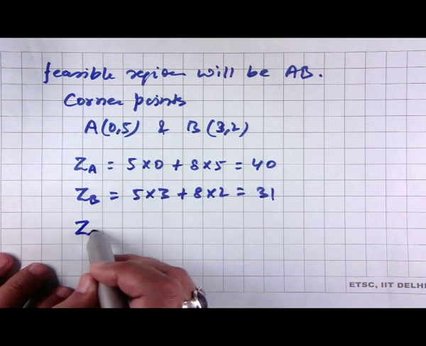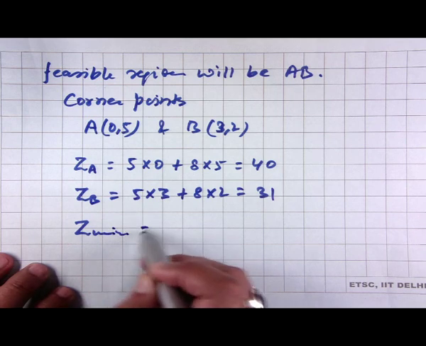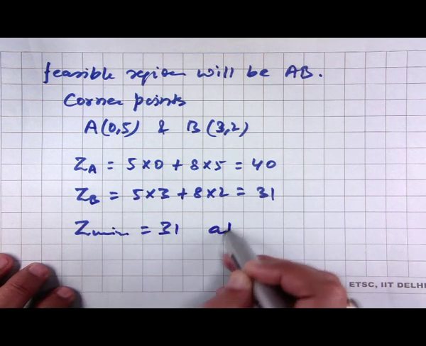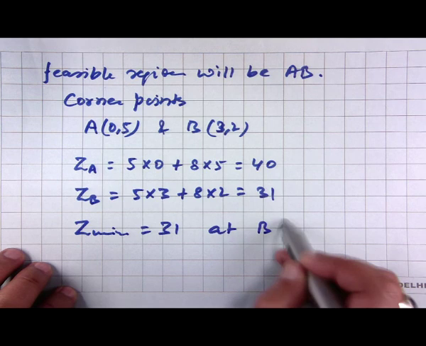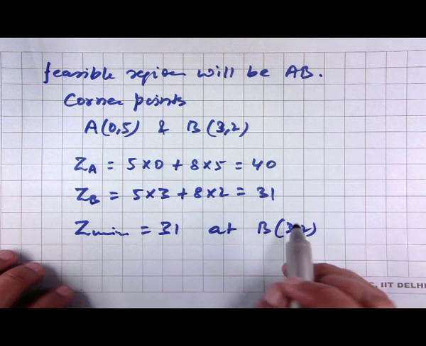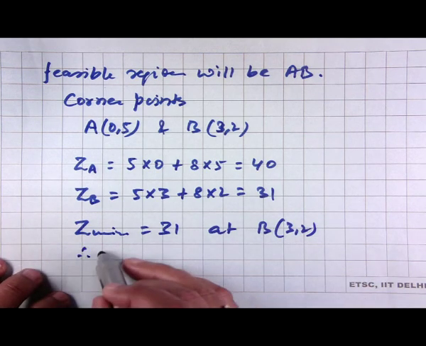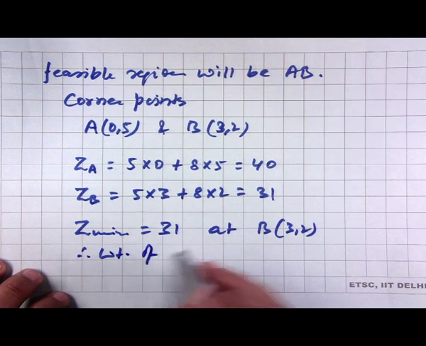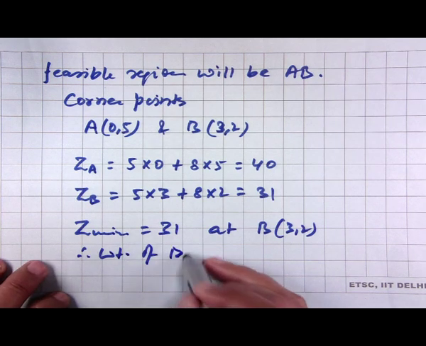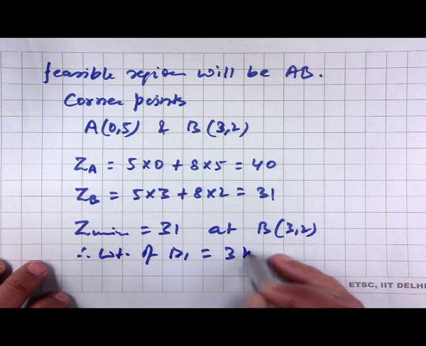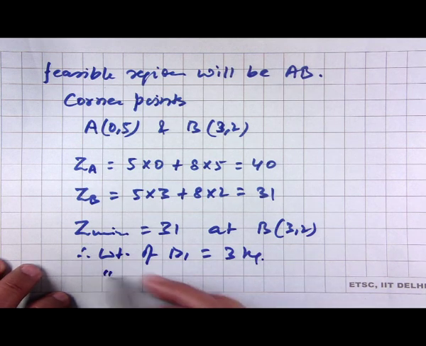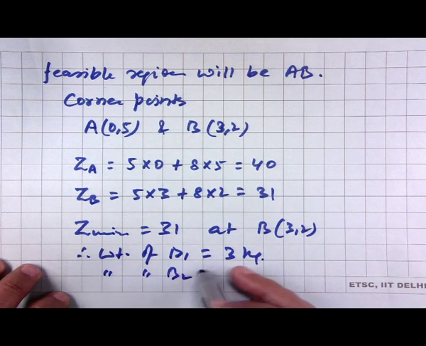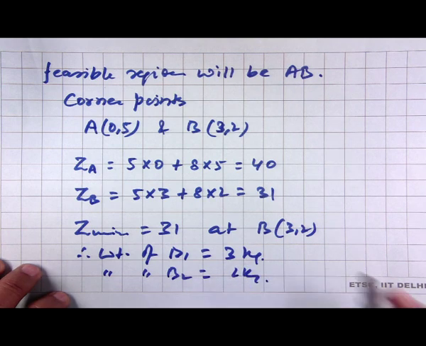So, Z minimum equal to 31 at B(3,2). So, the weight of B1 equal to 3 kg and the weight of B2 equal to 2 kg.